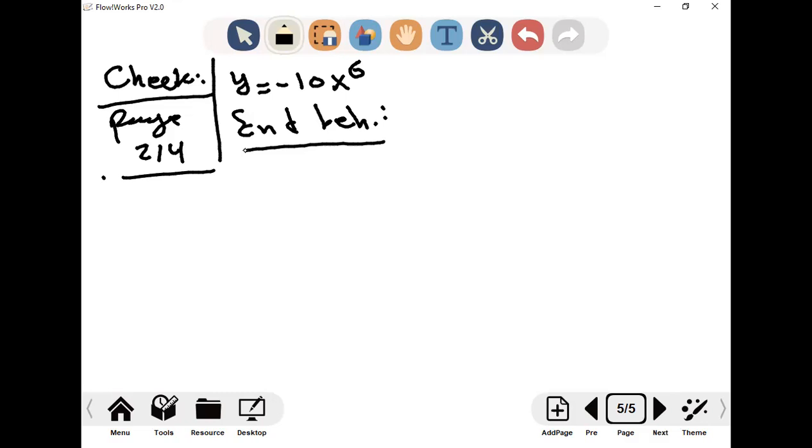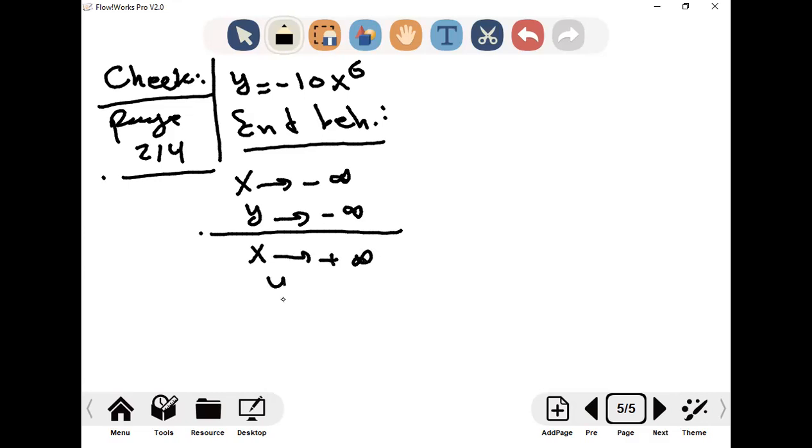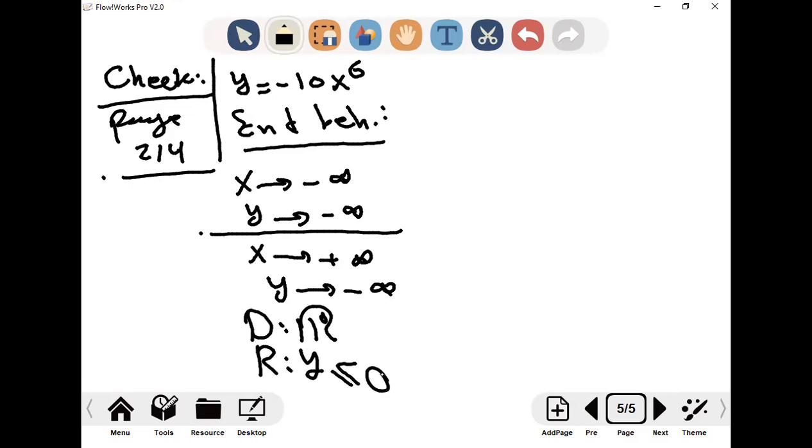So here, as x goes to negative infinity, the function goes to negative infinity. As x goes to positive infinity, the function goes to negative infinity. Both down. But the domain and range? The domain is all real numbers. The range y is less than or equal to what? 0. Done? You can fill it in your book also, or you can copy it in your copybook.